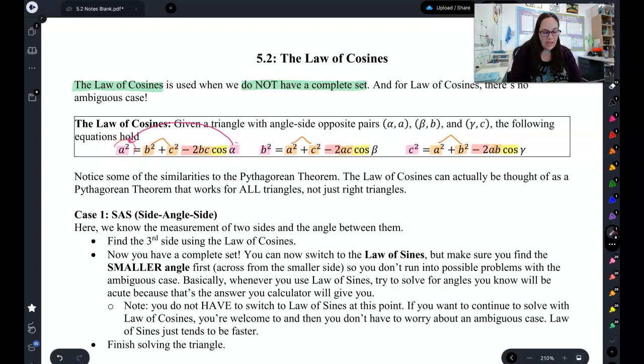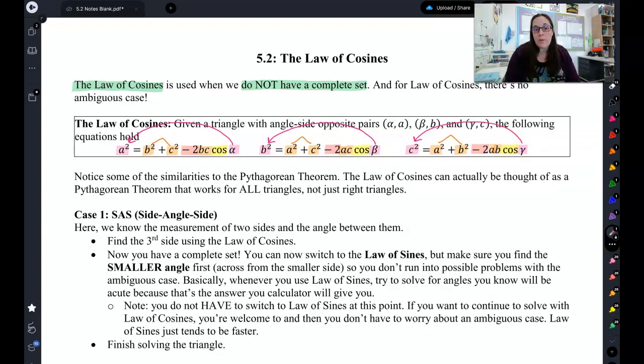So this is A, so the angle is alpha, those opposite pairs. This is beta, it's paired with side B. This is gamma, so it gets paired with side C. So whatever you start with, essentially, you end with its angle pair. And that's the law of cosines.